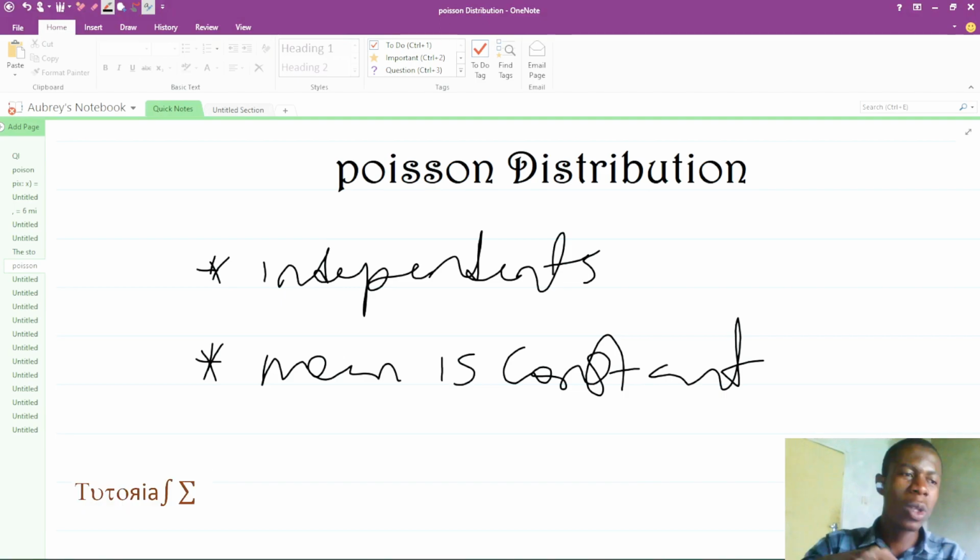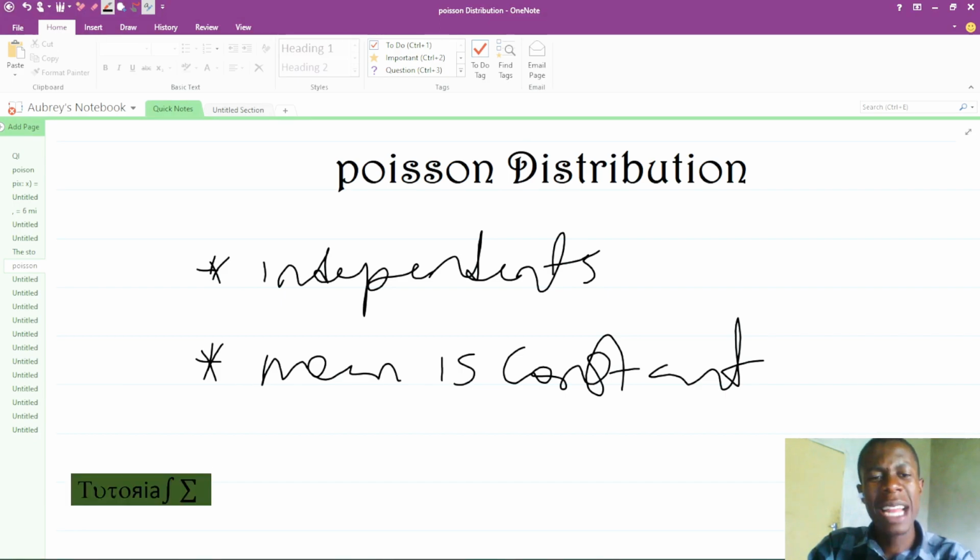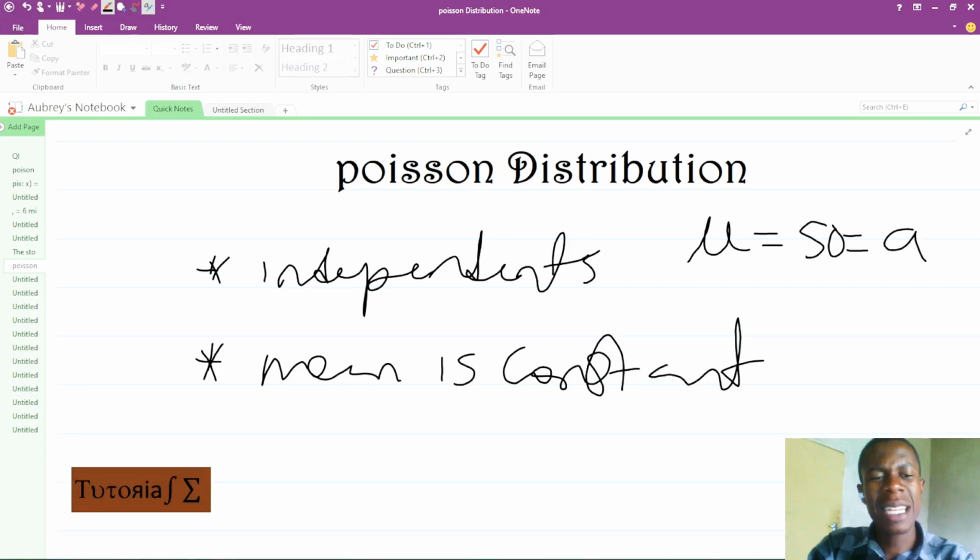By the mean being constant, we mean, say we find the mean of 50 items. You know those proportions that we used to do? If we find the mean of 50 items to be equal to A, we can easily find the mean of 70 items by simply cross multiplying.